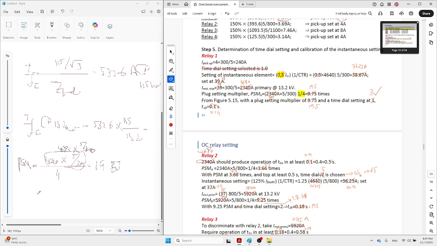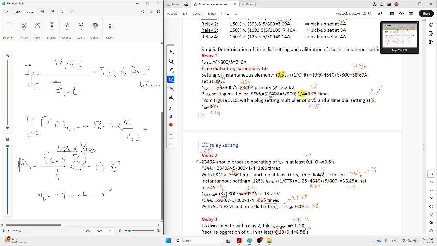So for the backup relay, since we know the discrimination time, the operation time of the backup relay for relay 1, which is relay number 2, is equal to 0.14 plus the discrimination time, which is 0.4.